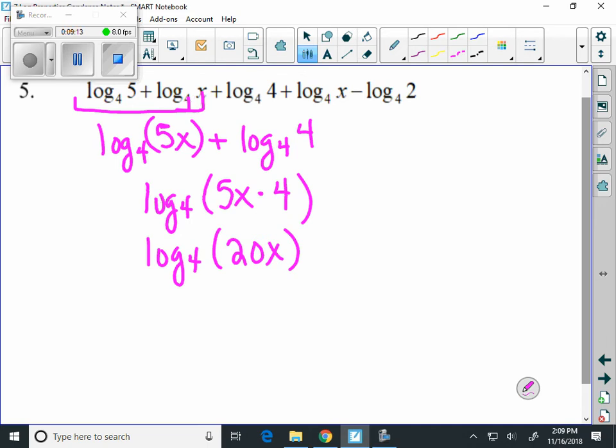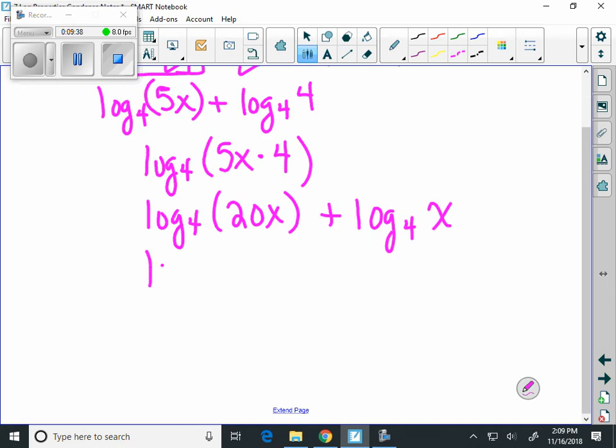And so far, we've dealt with this term, we've dealt with this term, we've dealt with this term. So now, we're on to the next, which is log base 4 of x. And we're still adding these two terms together. And when we add them using the product property of logarithms, means we multiply.